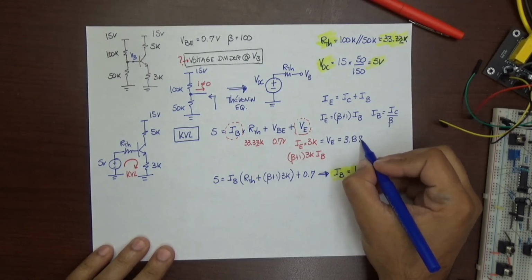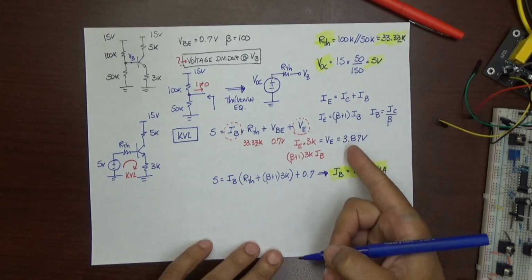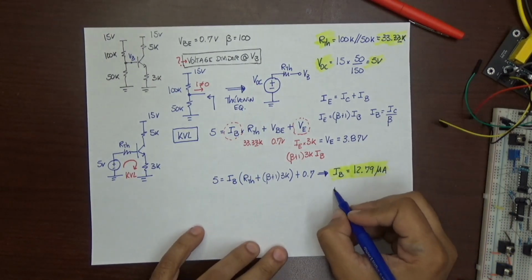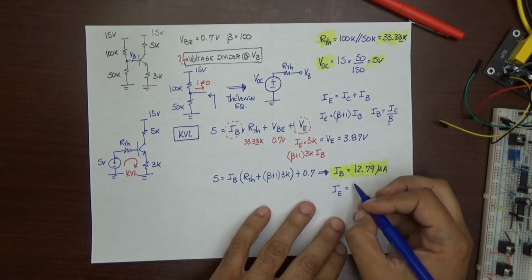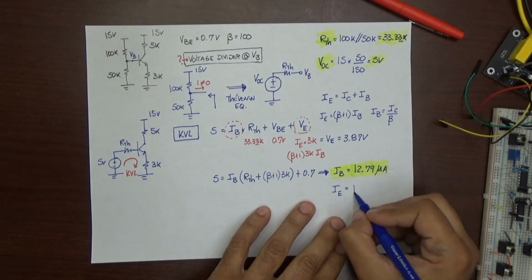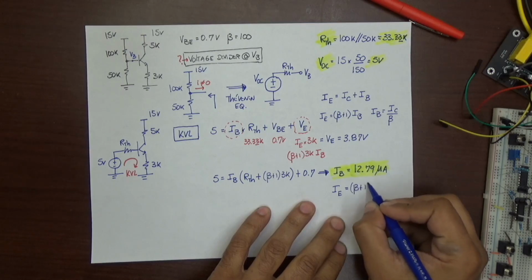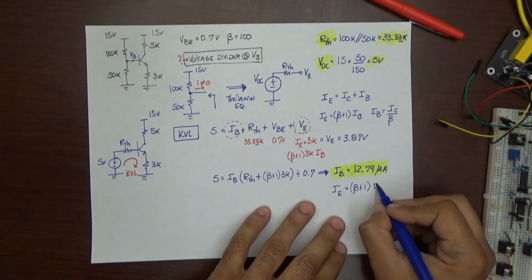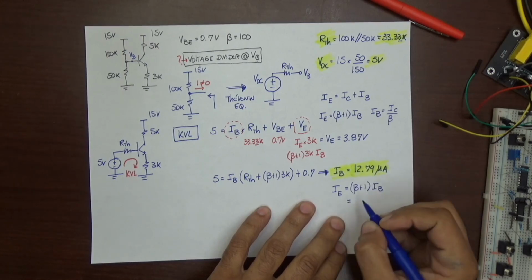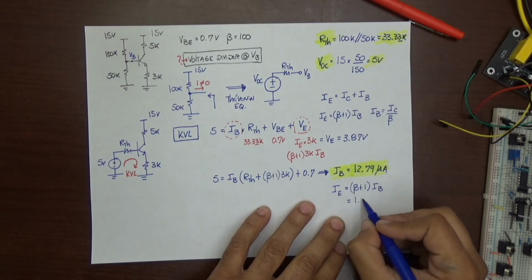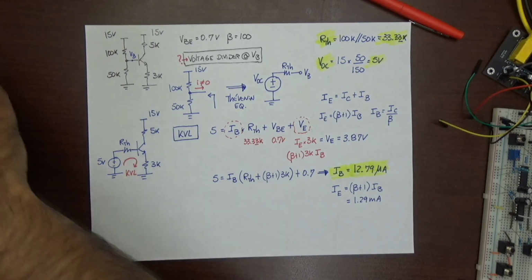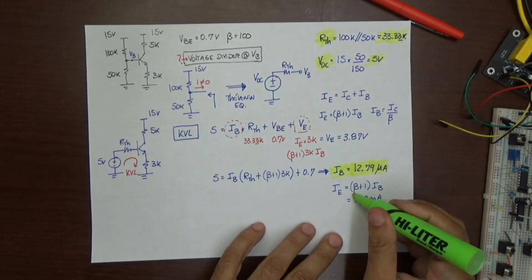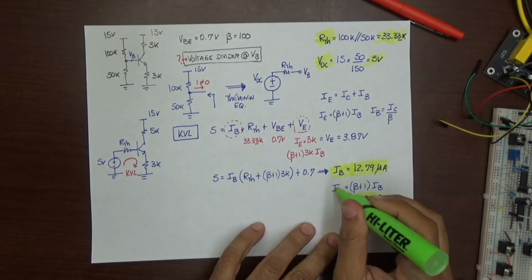Sorry about that. The IE comes from the relationship that we just saw, which is beta plus 1 times IB, and you get a current flowing through the emitter of 1.29 milliamps. With that current, then you plug in to find that VE.